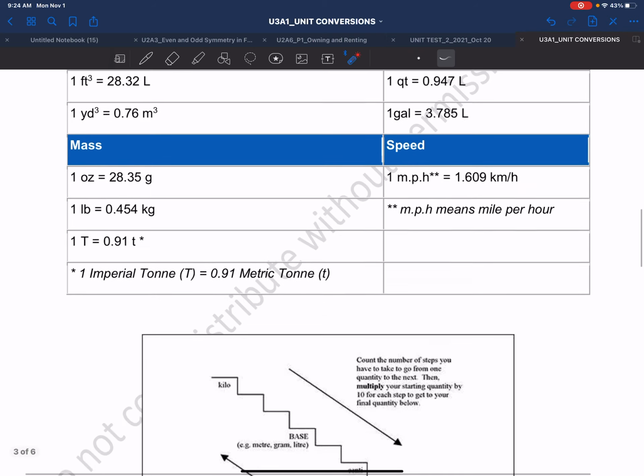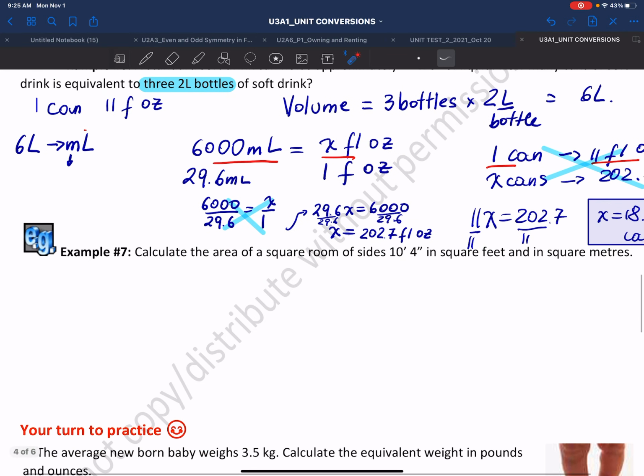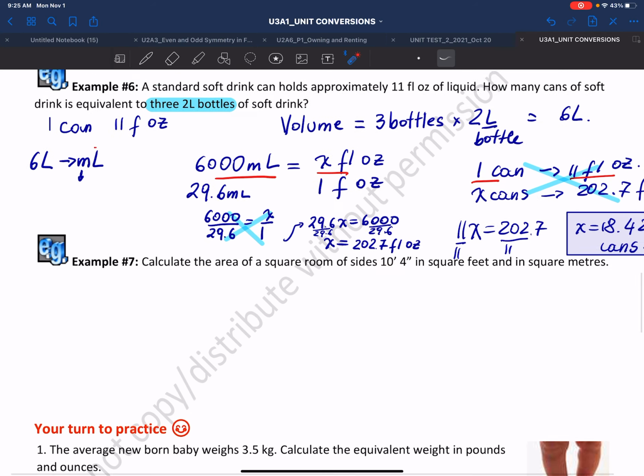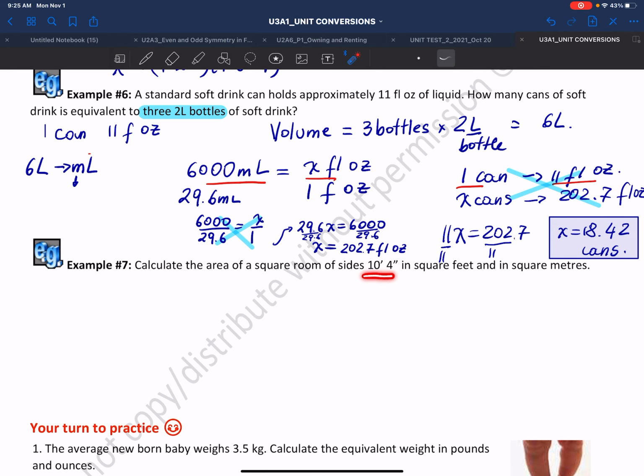Now, the second problem that we need to deal with in here is conversion from feet to inches. So we want to convert this to a single unit because we have expressed the area in feet squared and inches squared, and we want to convert it into meters squared.